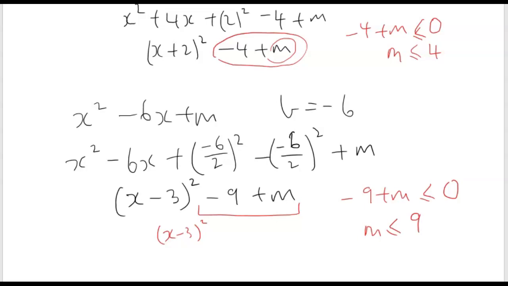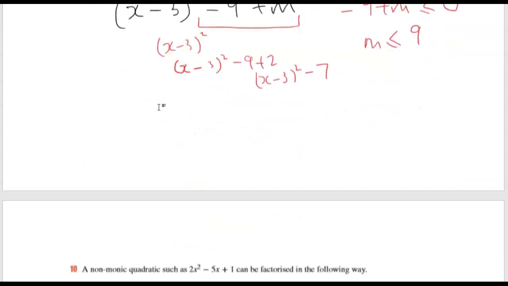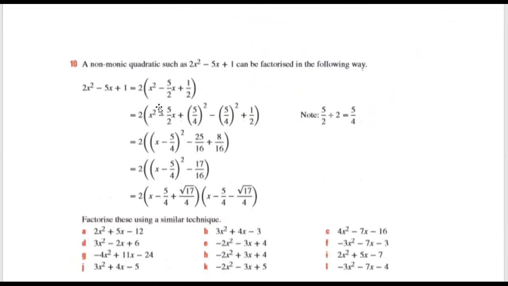If m was a number less than 9, say 2, we have -9 plus 2, which simplifies to a negative. So whatever number m is, as long as it's below 9 or equal to 9, you can do the difference of perfect squares. I'm not going to do the last one because it's the same working out.